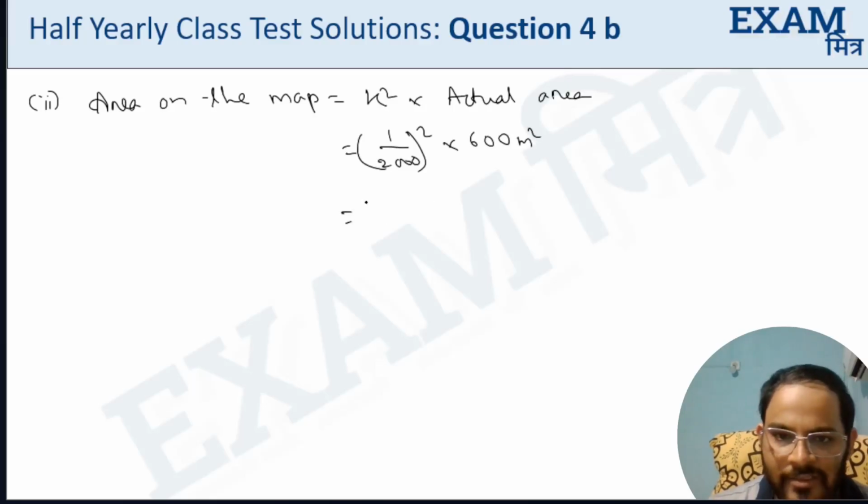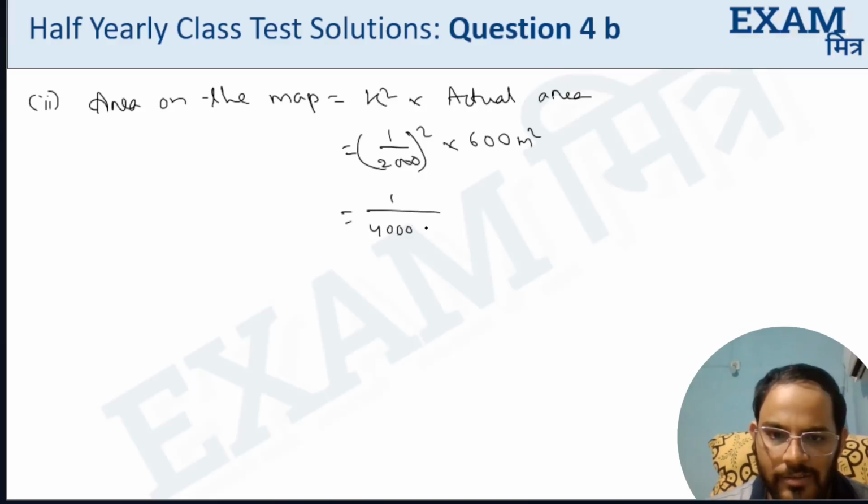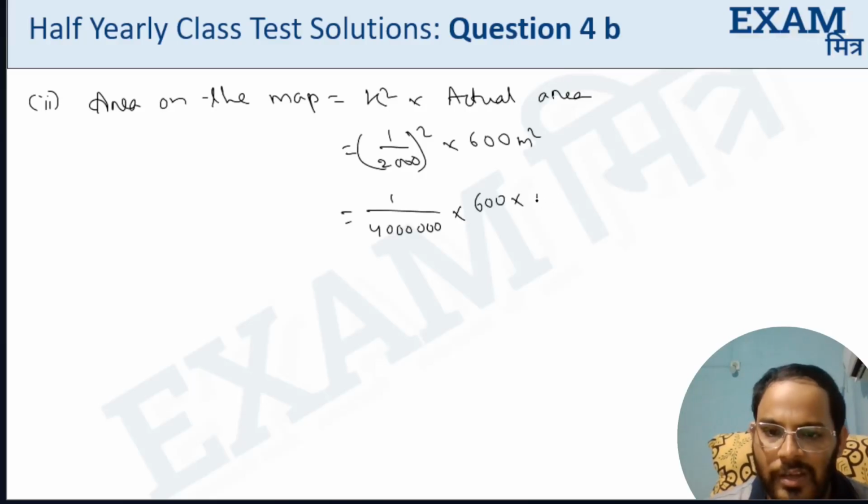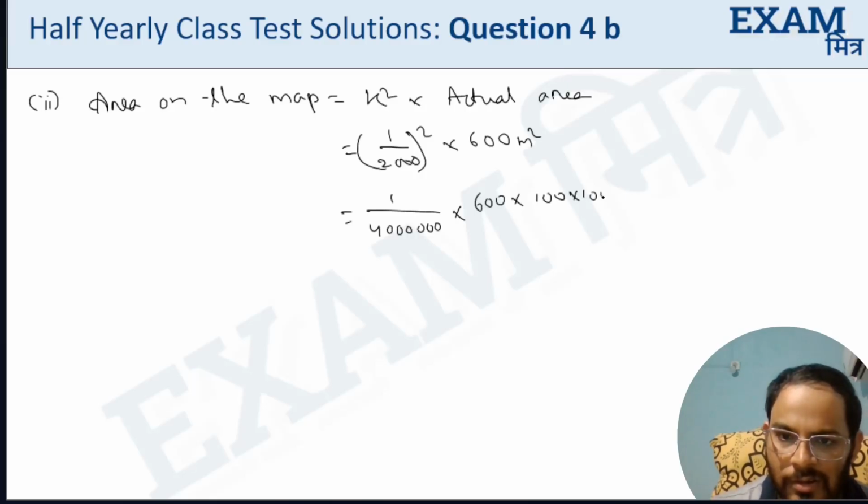Since we need to find the area on the map, we just need to convert this meter square into centimeter square. So this is 1 by 4000000 into 600 into 100 into 100 cm square.